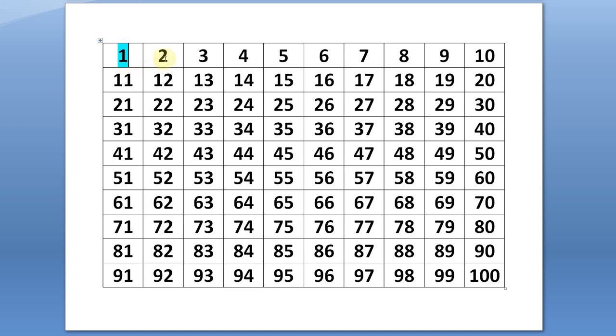There are no integers between 1 and 2 which divide 2. We've only got 1 times 2 equals 2, so 2 is definitely prime. So I'm going to give it a green background. Yeah, so 2 is prime.